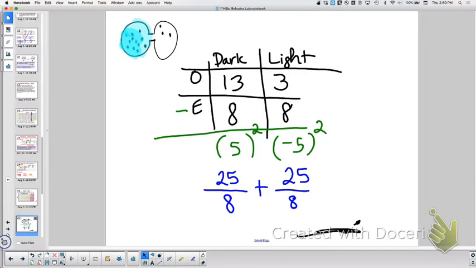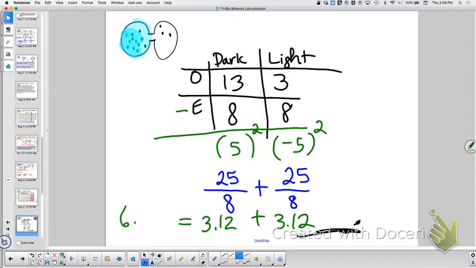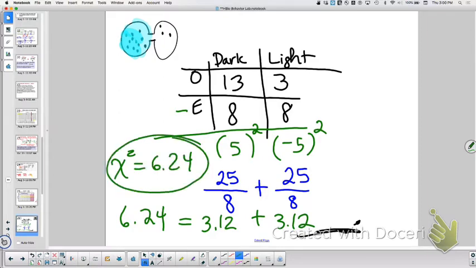Is that what you got? Okay, so this would be 3.12 plus 3.12. What is 3 plus 3? That would be 6 point what? 2. That is our chi-squared value. We would say our chi-squared is 6.24.